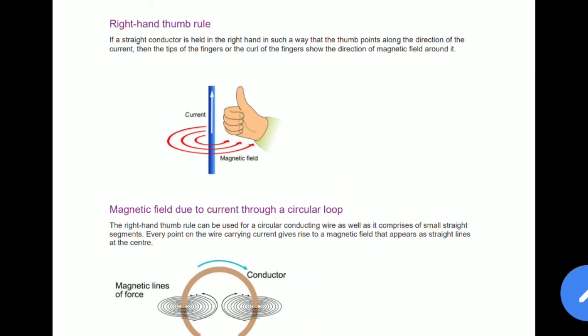According to Maxwell's right-hand thumb rule, imagine that you are grasping or holding the current carrying wire in your right hand so that your thumb points in the direction of current. Then the direction in which your fingers encircle the wire will give the direction of magnetic field lines around the wire.